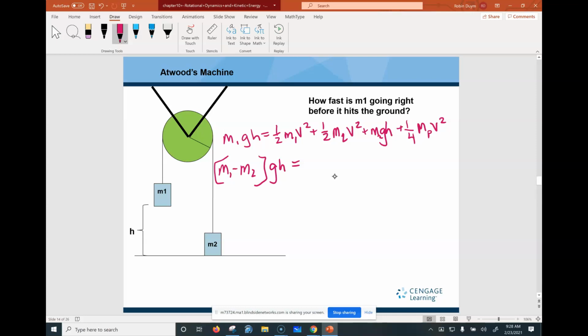I'll just rewrite it. Actually, I'm going to write it like so. All I did is I broke up that 1/4 again, and the reason is I can take a 1/2 v squared out of all of them.